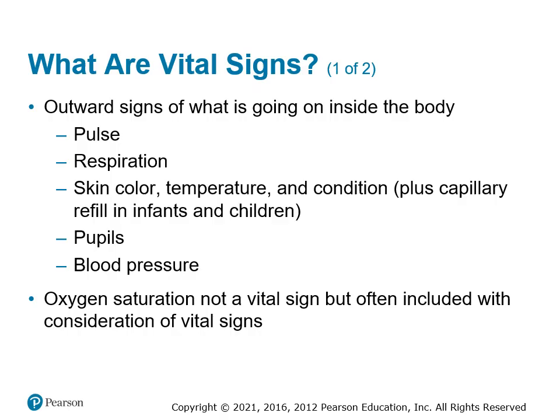So oxygen saturations, we're going to get a pulse oximetry. It's pretty much standard of care at this point in time, but it's not included officially as a vital sign, but it is becoming a standard of care.